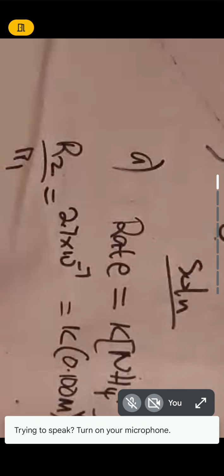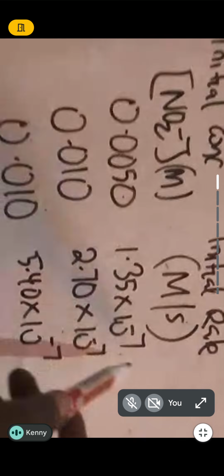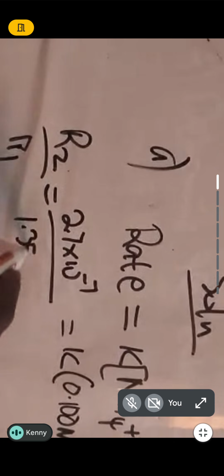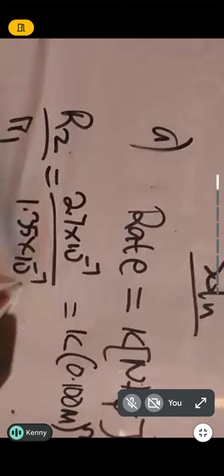Okay, then over. We go now to rate 1. Rate 1 is this one, 1.35 times 10 to the power negative 7.